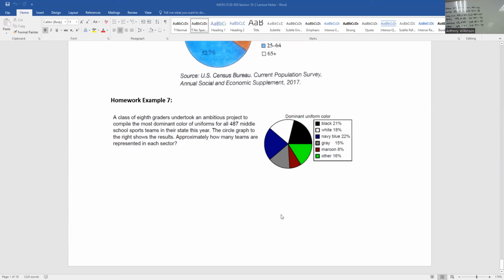It takes a lot of ink to do this. All right, questions about section 10.2, dealing with displaying data, and that's only part 1? Okay. All right, so next we will look at part 2 of displaying data.